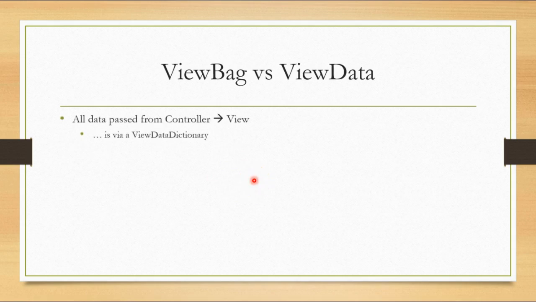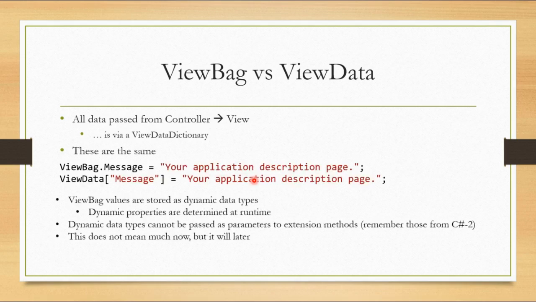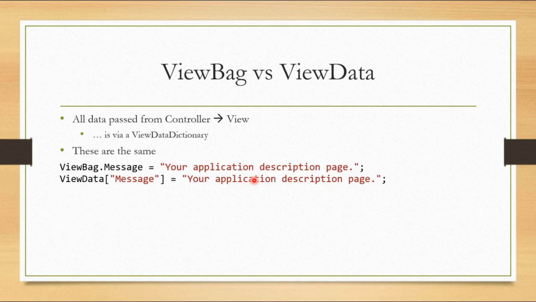All right, viewBag versus view data. All data passed from controllers to view is actually through something called a view data dictionary. So these 2 things are the same. We have the viewBag.message.